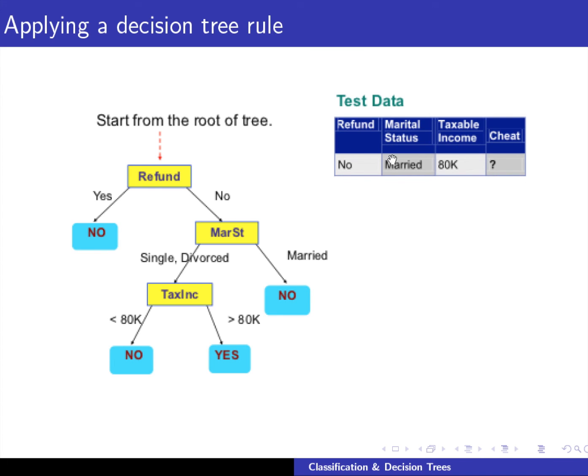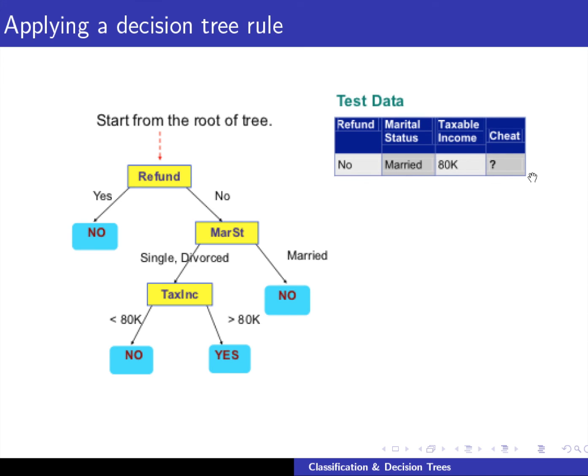So this is observation 12. And what we want to do is use our model to guess whether or not they cheated on taxes. So we can just flow through. This is totally simple. We'll see refund. They can't go down there, unfortunately. They had no refund. So we have to go down here to marital status. They're married, so let's jump down the married corridor here, and then we end up with no, and so that person gets a cheat, no.